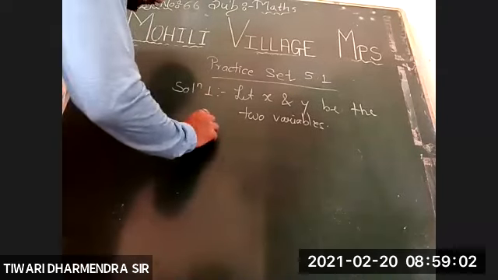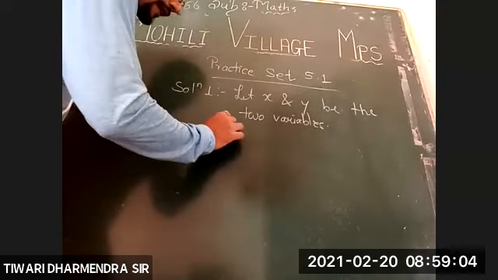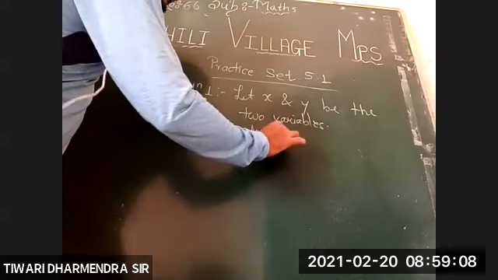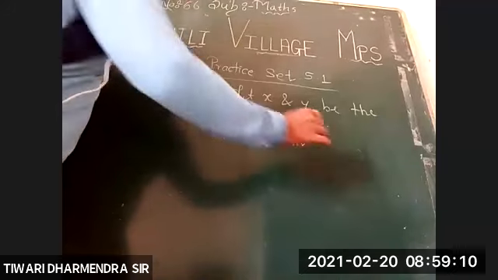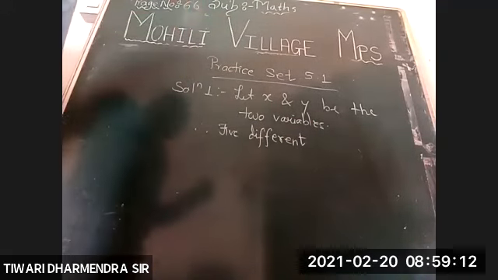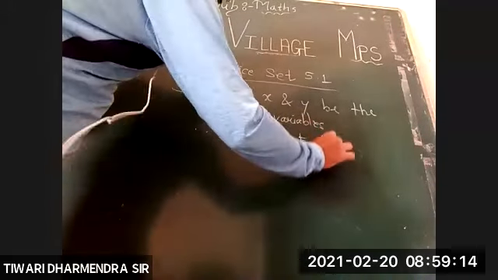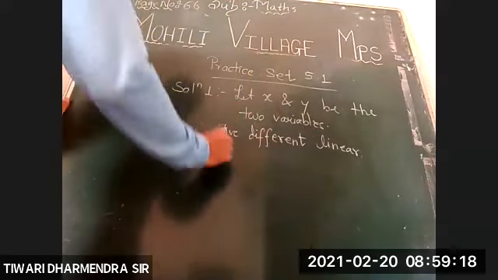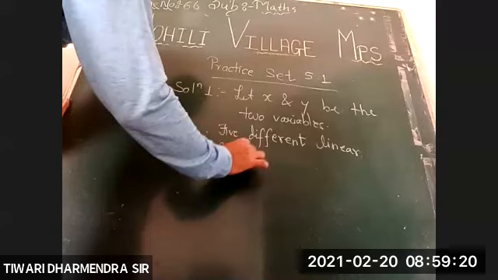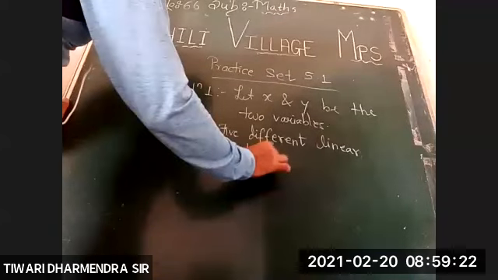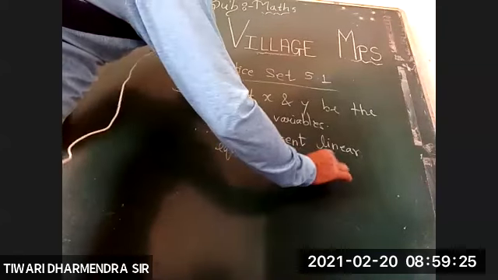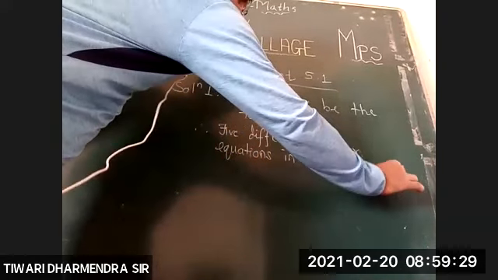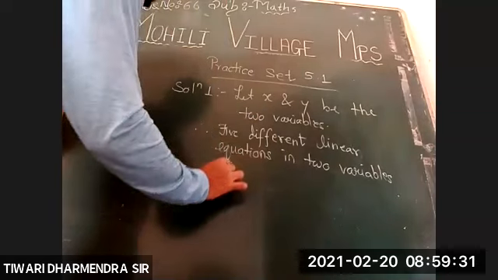So therefore, 5 different linear equations in 2 variables are as follows.